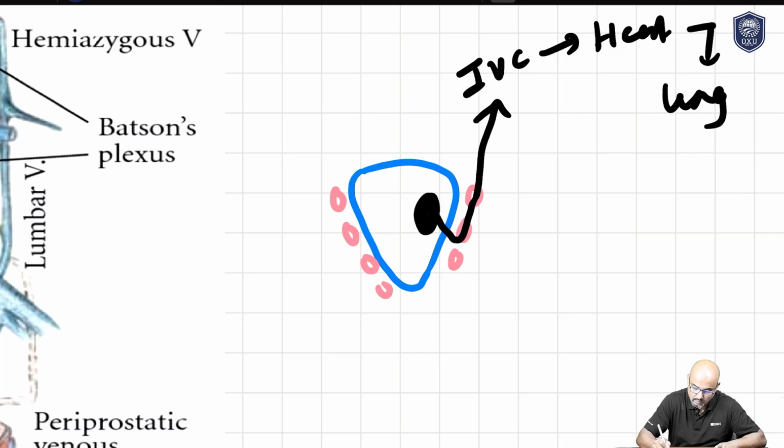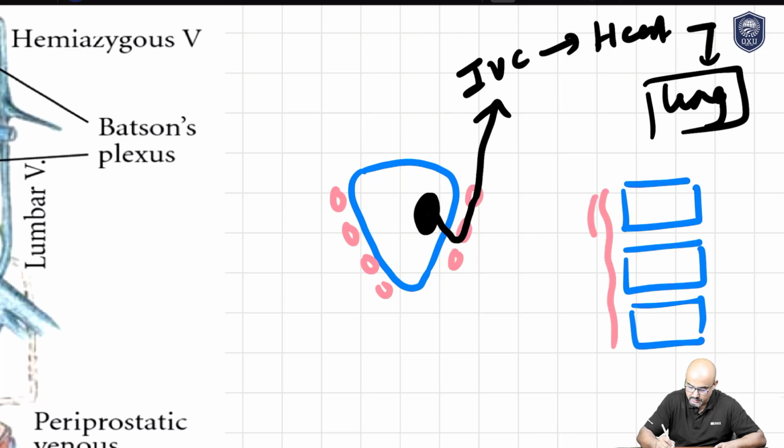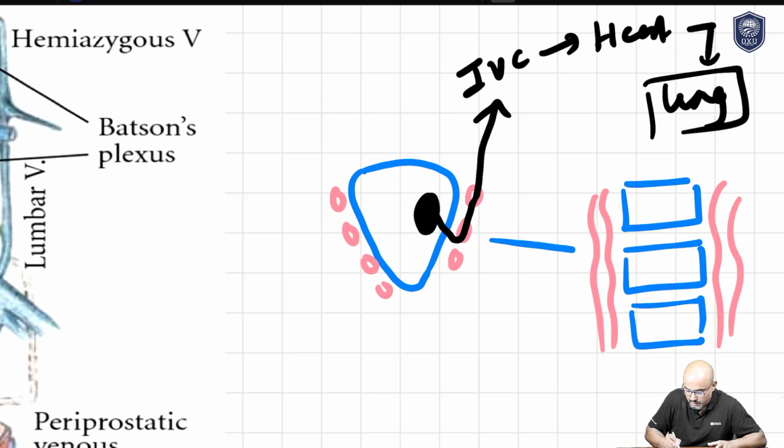It may follow this route as well, but there is an additional communication with the vertebral veins, the internal vertebral venous plexus. These are connected via an additional vein known as the Batson vein.